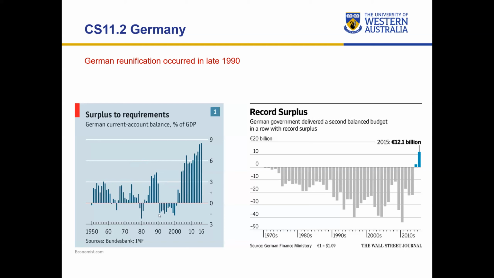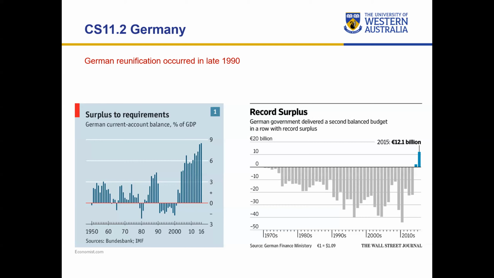And so the obvious question is, what caused this big movement from current account surpluses to a series of current account deficits throughout the 1990s? Could it have been that all of a sudden the rest of the world stopped buying Mercedes and BMWs?